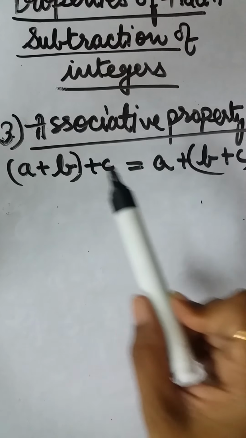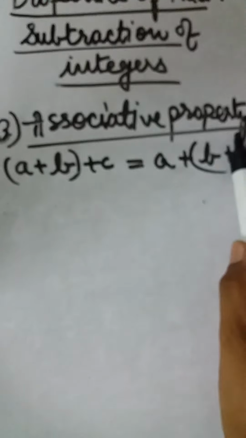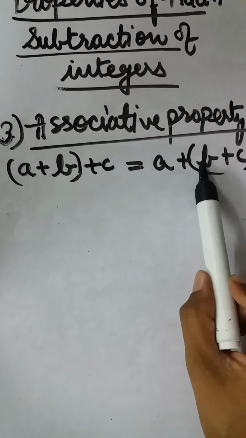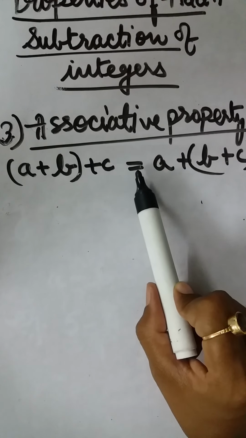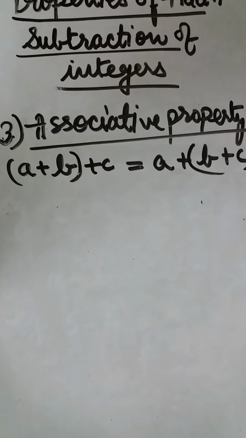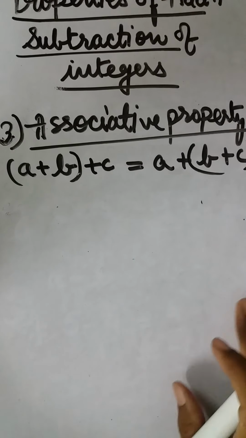In associative property, the grouping is changed, but no matter how the grouping is changed, the result will be the same. That means the sum will always be the same. It means in addition, associative property holds good.